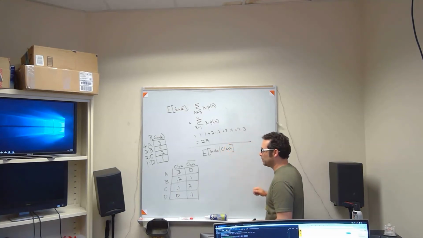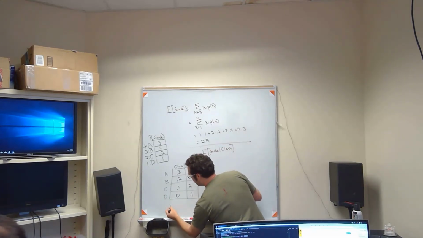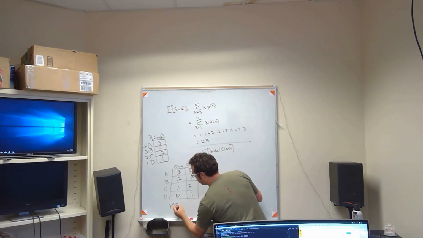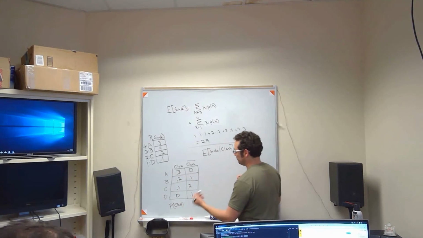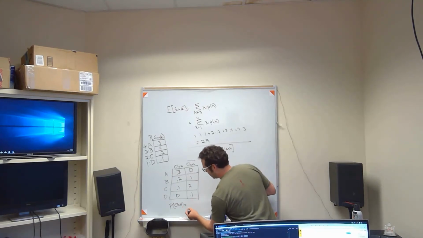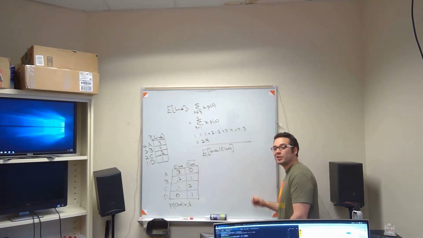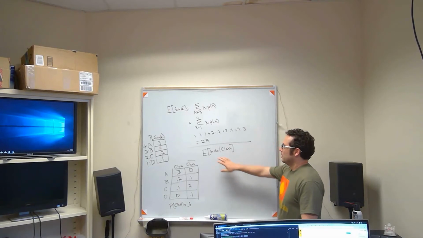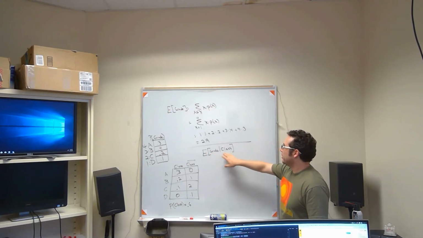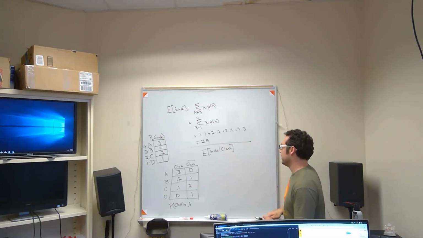Actually, we need one more piece of information: the probability that somebody goes to class. Let's say 60% of people go to class. All right, so we're going to calculate our expected grade given we go to class.